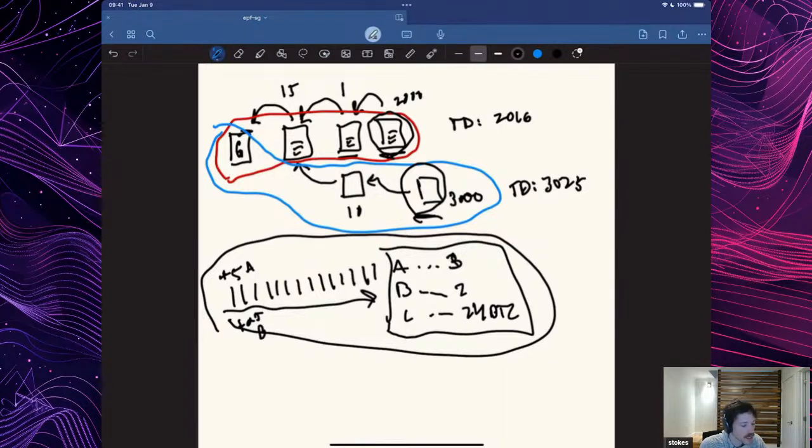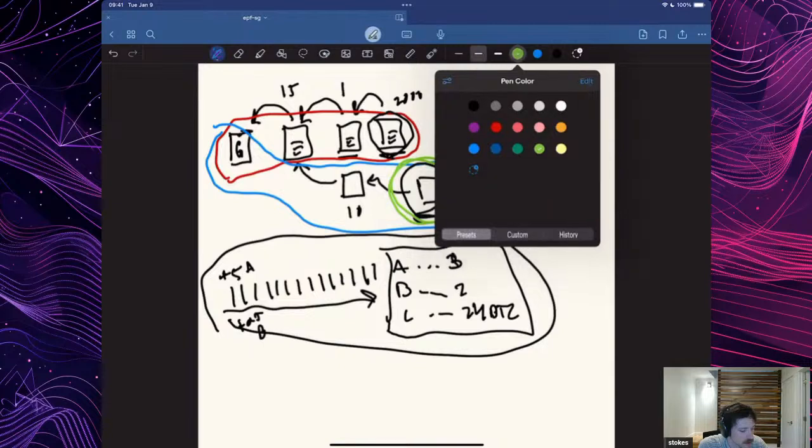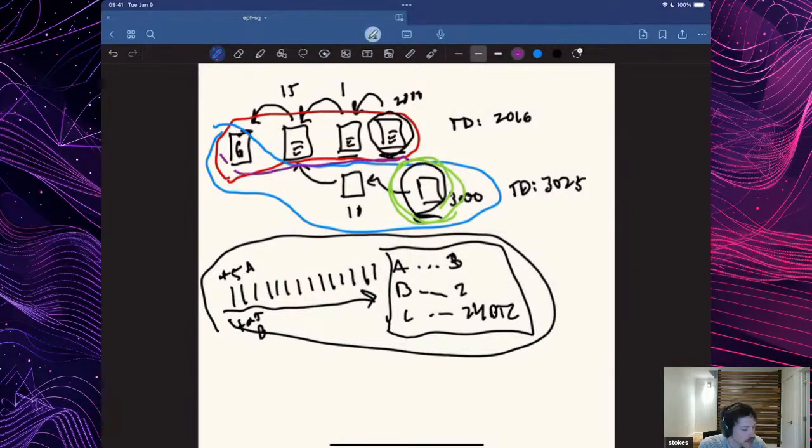So let me make this green: this is the current head of the chain. That means this competing fork, the red chain, we just ignore.